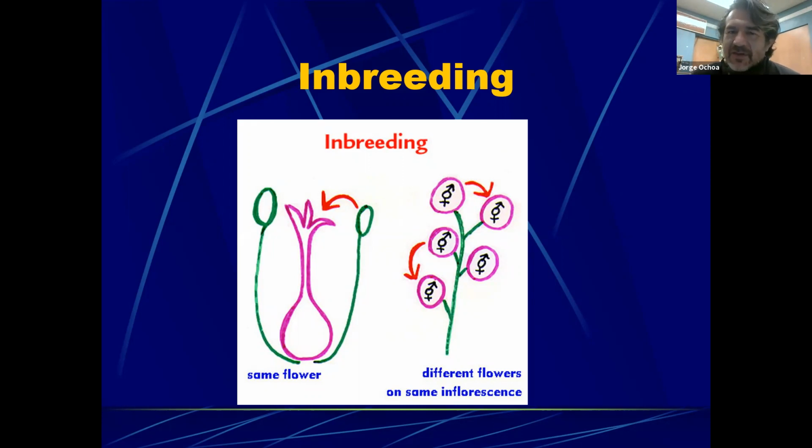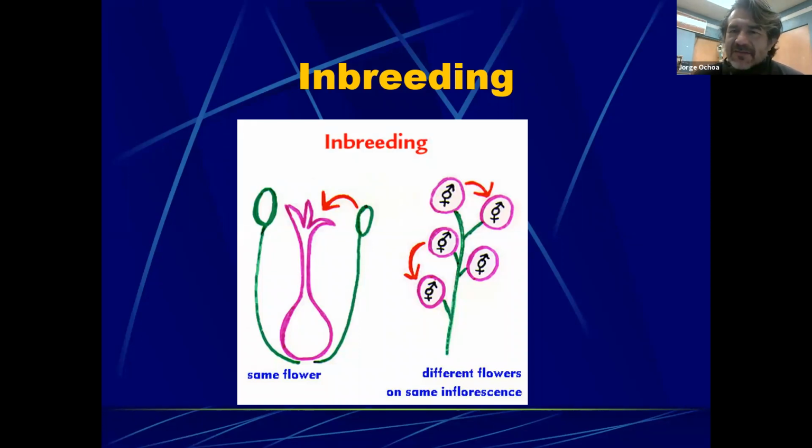And so inbreeding is when we're going to allow the pollen to pollinate and fertilize the stigma from the same plant. And as I mentioned before, we have taken some of these genetic barriers out in the process because we want to make it easy for ourselves. So pollen from the stamen is just going to go on the stigma, and many plants will do it naturally.